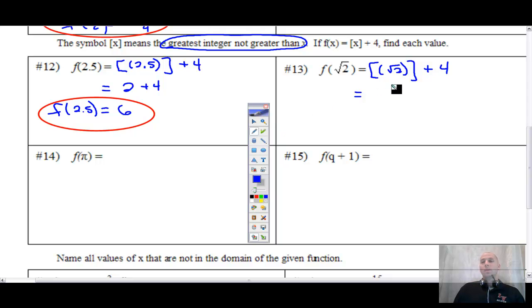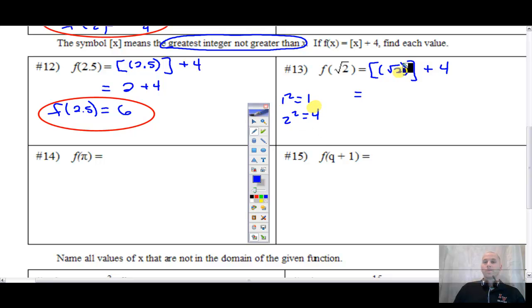What is it approximately? Well, 1 squared is 1, so it's bigger than 1 because this is 2. 2 squared is 4, so the square root of this is less than 2. Because 1 squared is 1 and 2 squared is 4, this number 2 is between 1 and 4.